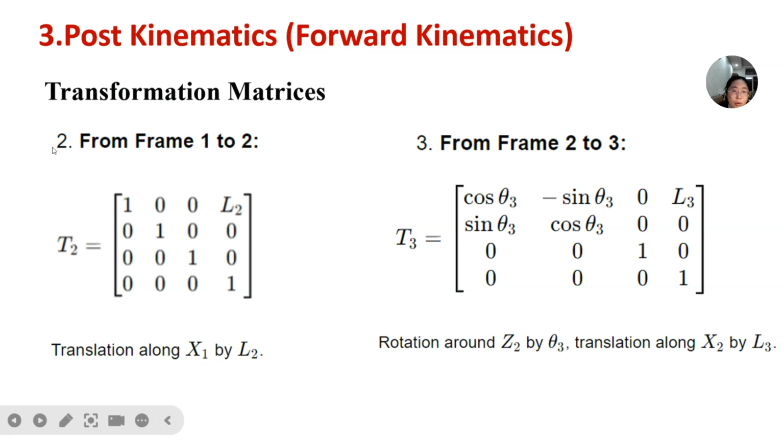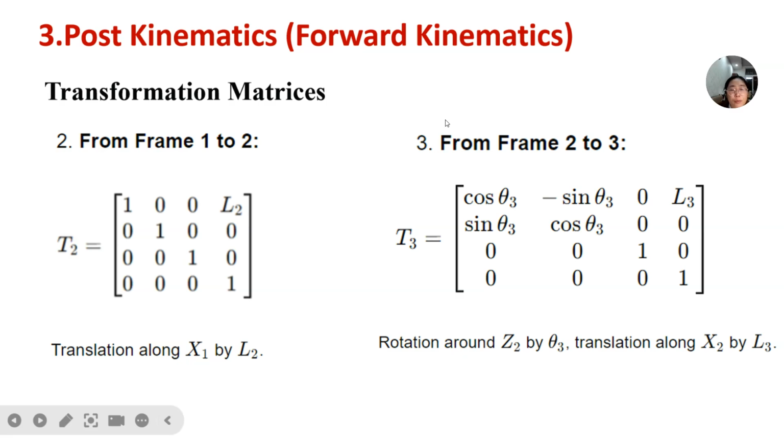And number 2, from frame 1 to 2, T2 equals 1, 0, 0, L2; 0, 1, 0, 0; 0, 0, 1, 0; 0, 0, 0, 1. This means translation along x1 by L2.